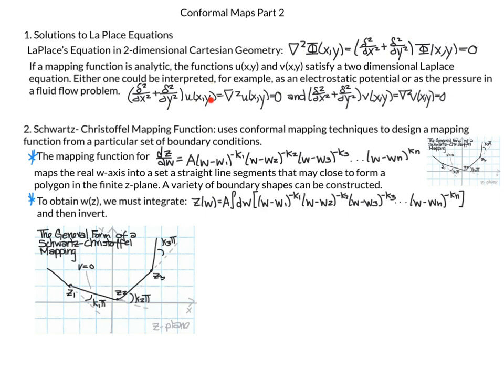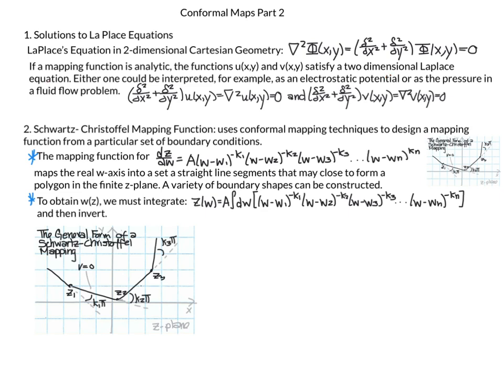In other words, u of x, y, when we take the second order partial derivatives, which we can denote again with the del squared sign, will equal 0. And the second order partial derivatives of v of x, y, again denoted with the del squared sign, will equal 0. Because they satisfy Laplace's equations, either one can be interpreted, for example, as an electrostatic potential or as the pressure in a fluid flow problem.